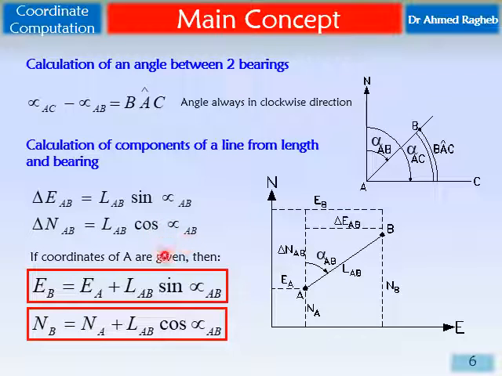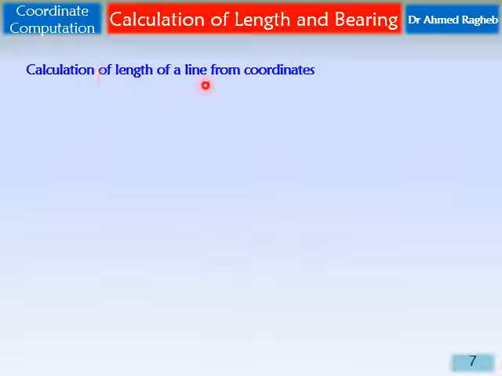On the other hand, what if we have the components and we want the length and bearing? Or in other words, what if we have the coordinates of 2 points and we want to get the length and bearing of this line joining these 2 points?